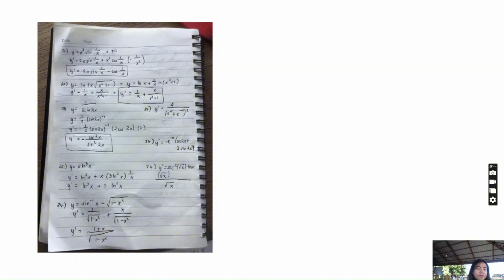So number 25, we are given y equals x ln cubed x. So we will just simply apply the product rule, which is y prime equals ln cubed x plus x times 3 ln squared x times 1 over x.